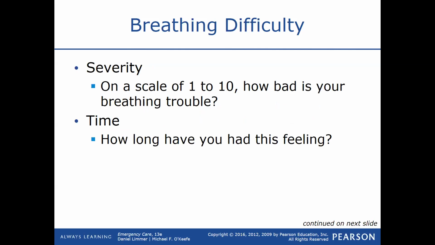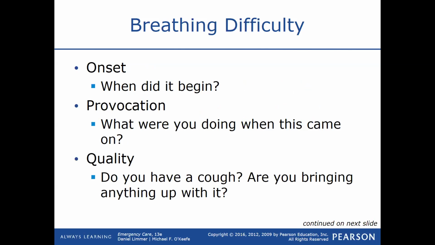I thought provocation was like, say for instance, if they're doing something that makes it feel any worse to their body. Yeah. So it's a little bit different when we're talking about respirations, because OPQRST is really good for pain. OPQRST is really good for your cardiac patients.